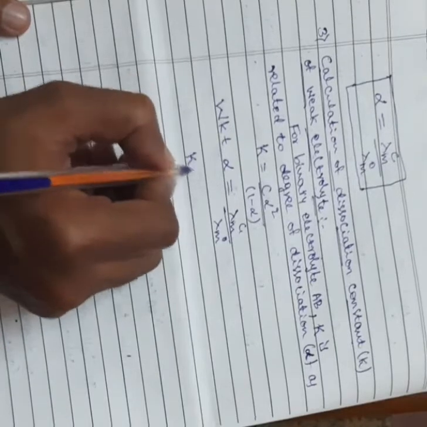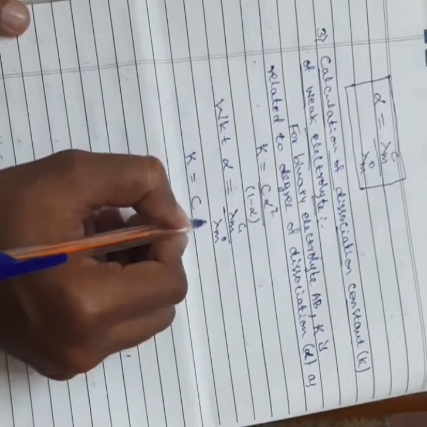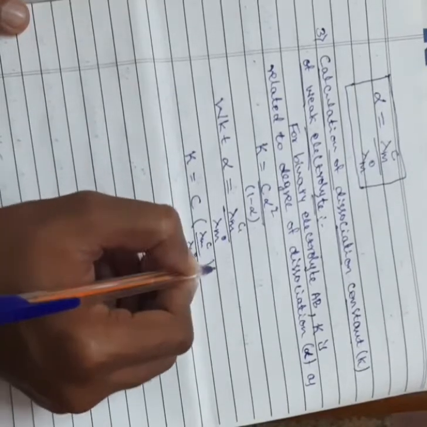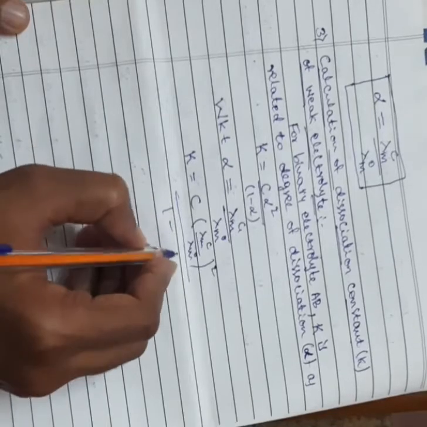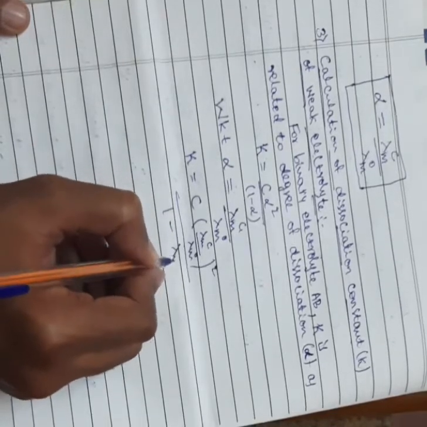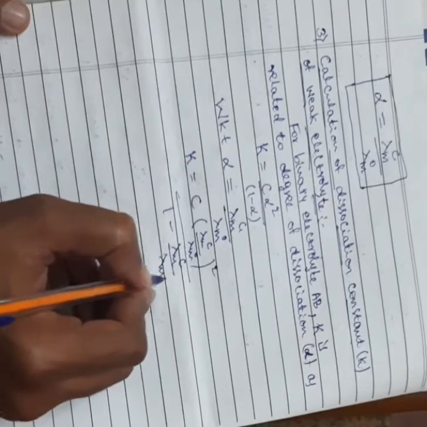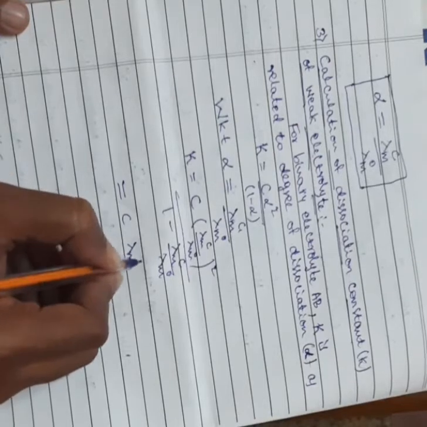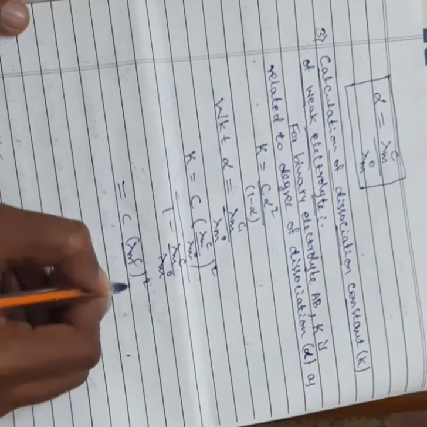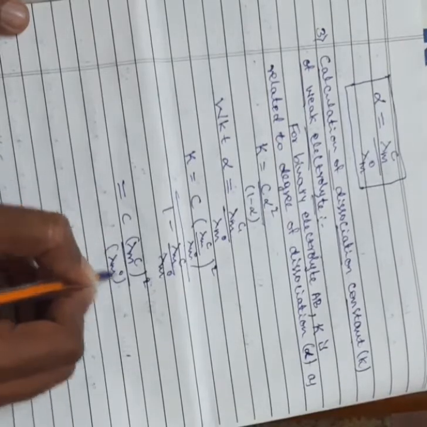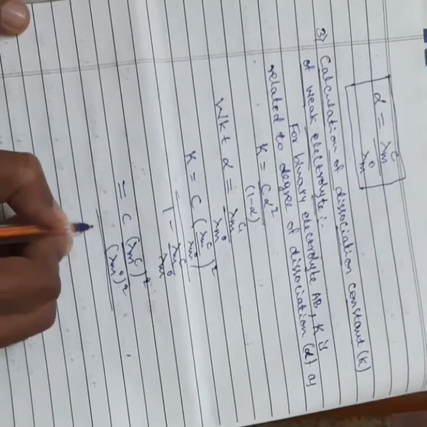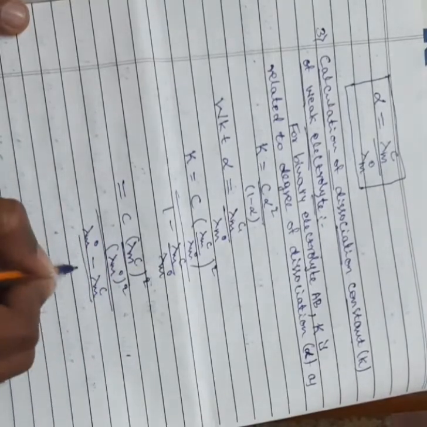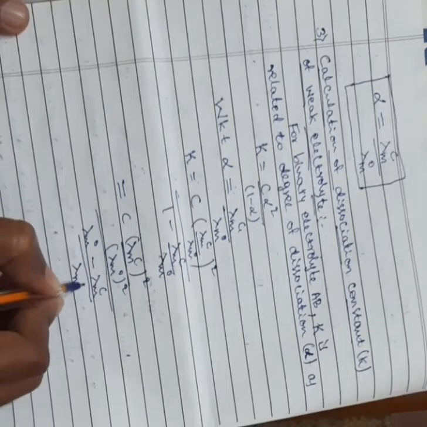So therefore K is equal to C into lambda mc square divided by lambda m naught square, over 1 minus lambda mc divided by lambda m naught. If you take the LCM, it becomes lambda m naught minus lambda mc over lambda m naught.